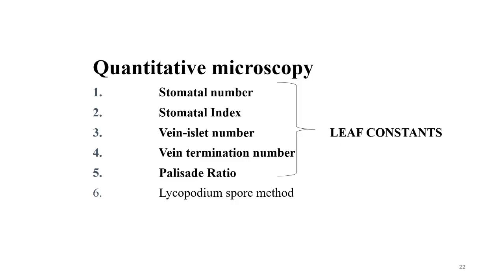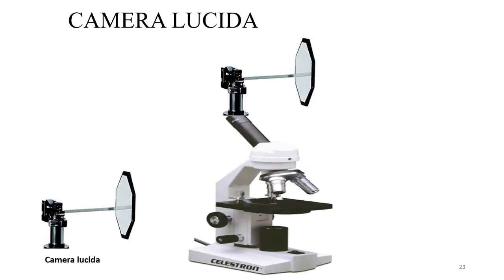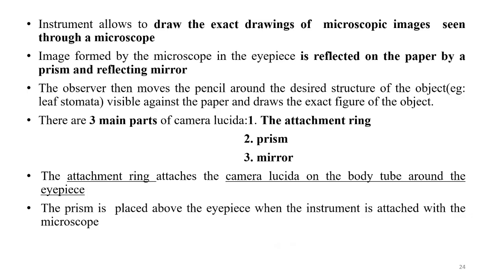Coming to quantitative microscopy, we can divide it into 6 types: stomatal number, stomatal index, vein islet number, vein termination number, palisade ratio, and lycopodium spore method. This is the camera lucida equipment used to determine these leaf constants. It contains an attachment ring, prism, and mirror.